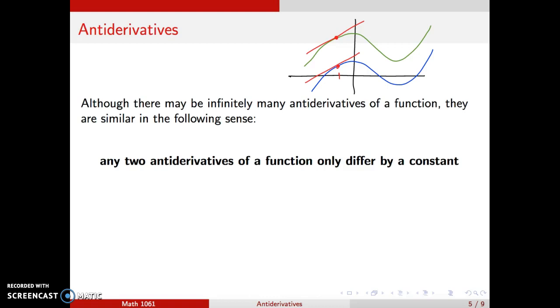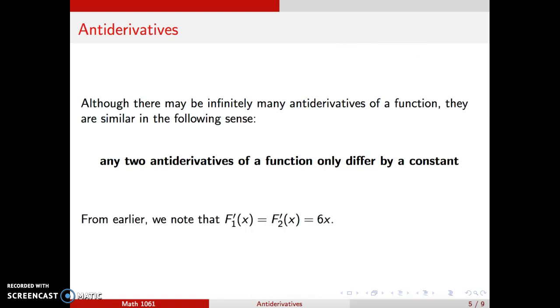That's the idea. So the plus 5, the minus 2, the plus 3, whatever it might be, differing by a constant doesn't affect the derivative, because the derivative of a constant is 0, so it doesn't affect the rate of change. So it turns out that antiderivatives are unique up to that constant, as we saw earlier.